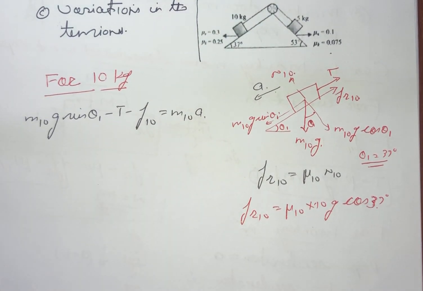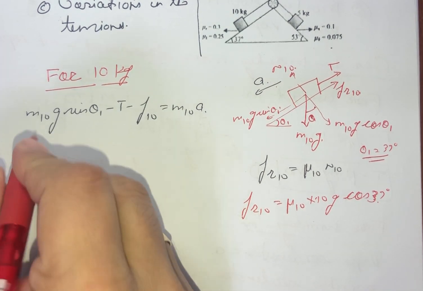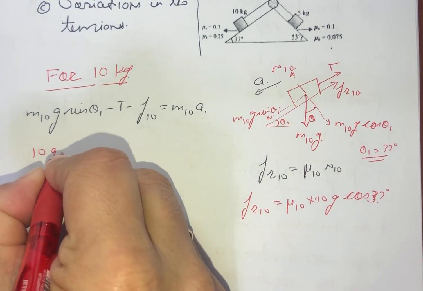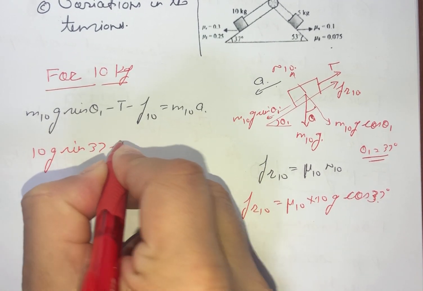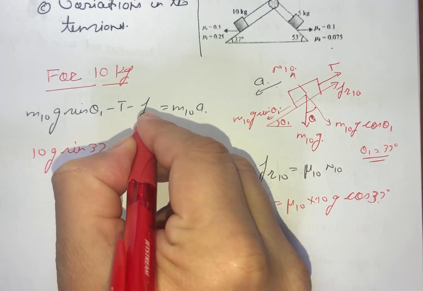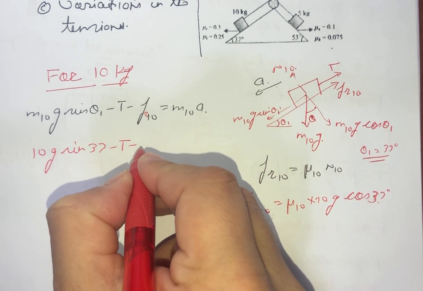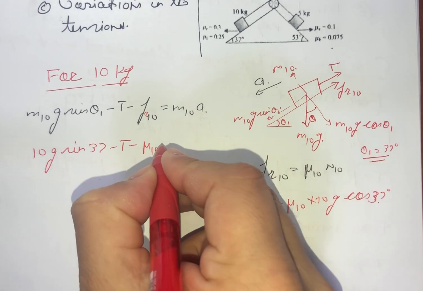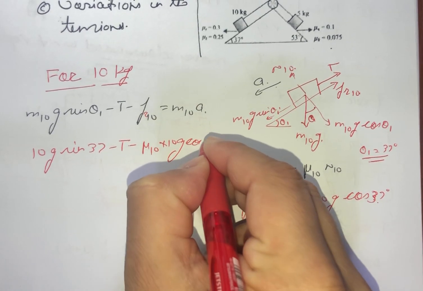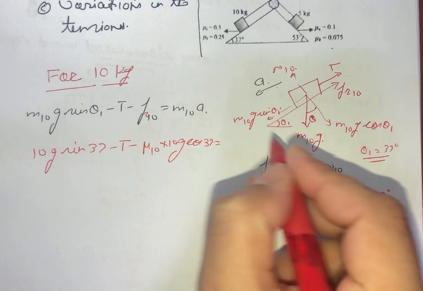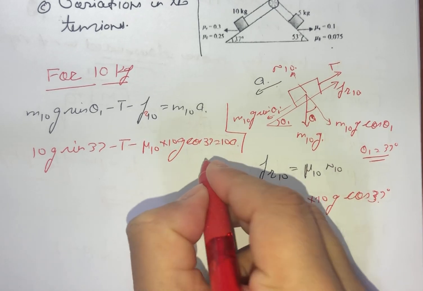Substituting the values, m10 is 10, so this is 10g sine of 37 minus T minus Fr10, which is mu10 multiplied by 10g cos of 37, equal to 10a. Let us call this equation number 1.